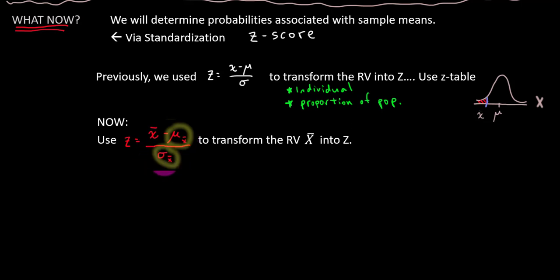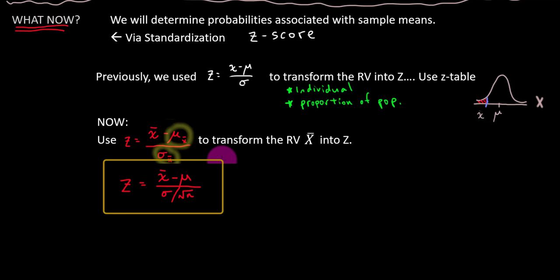Here in the denominator, we're going to replace that with sigma over square root of n. The z-score formula here is x bar minus mu over sigma over square root of n. And this is the one that I'm going to put in a nice little box because we will use that a lot.